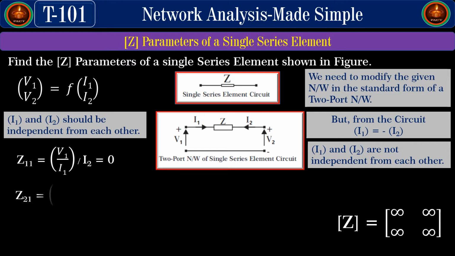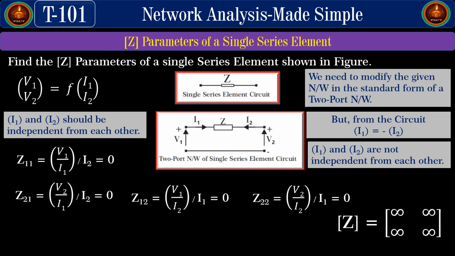To check, consider these four equations to find the Z parameters. To find Z11 and Z21, we have to enforce I2 equal to 0. But if I2 is equal to 0, I1 also will be equal to 0, which is in the denominator.